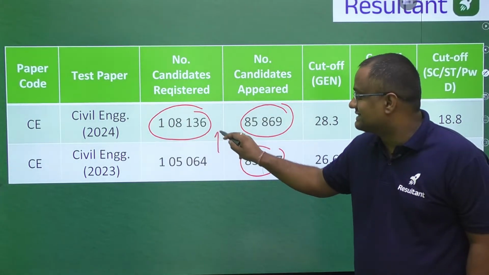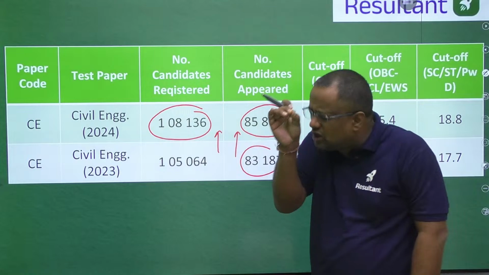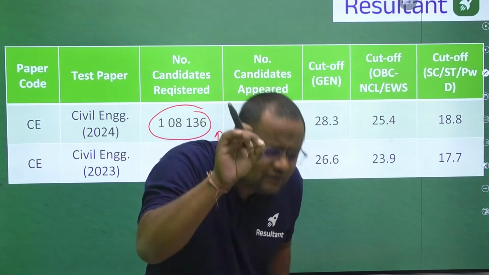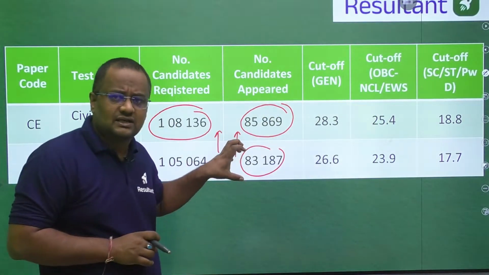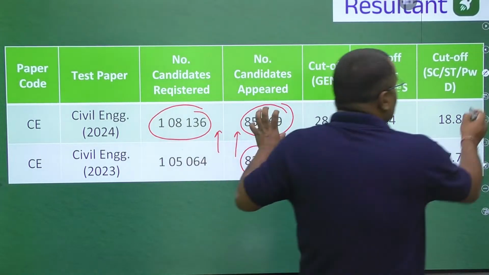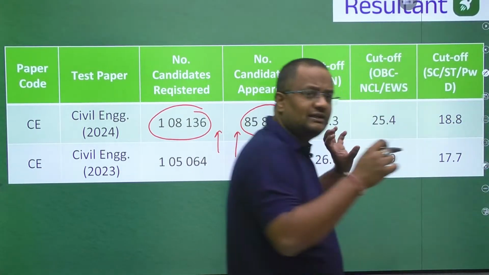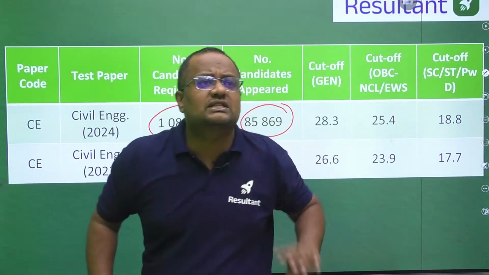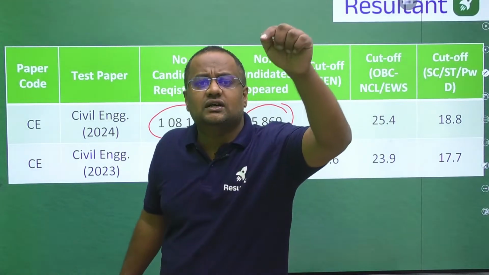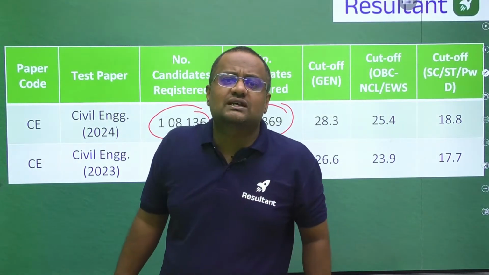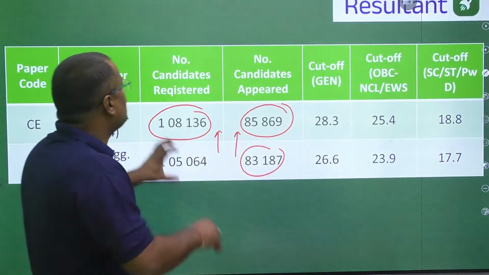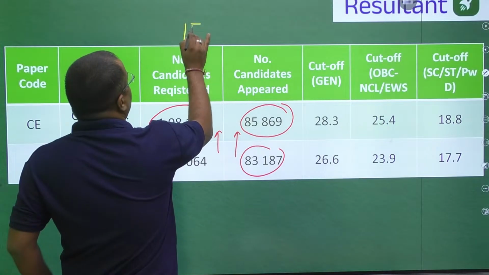So this is increased. But let me tell you, guys, you need not worry about this increase or decrease, because suppose in 2025 10,000 students increase or in 2025 20,000 students decrease, the real competition is among the top 15,000 students.